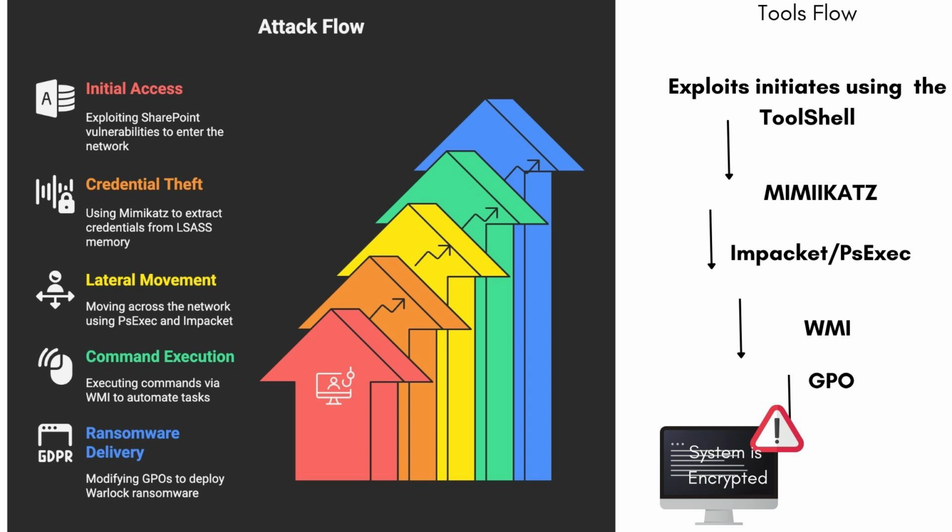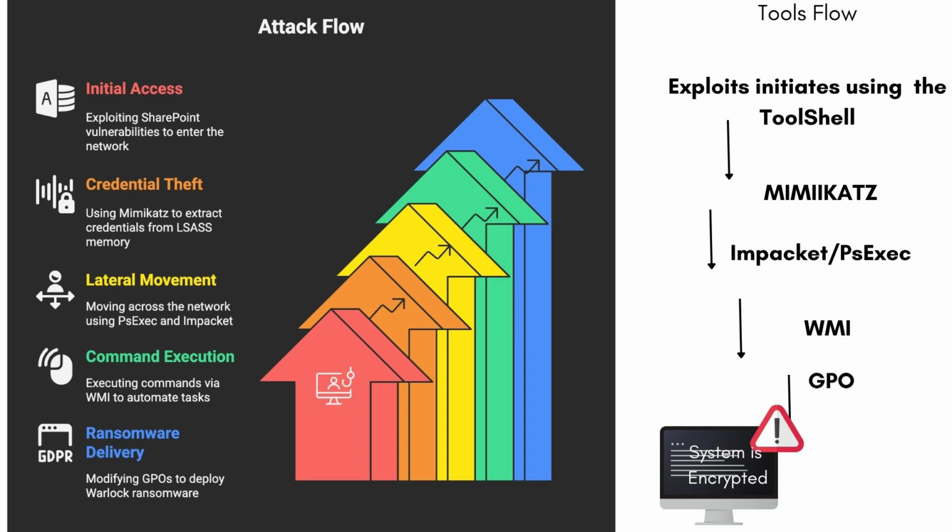So, how does this sophisticated post-breach attack flow actually happen and deploy the Warlock ransomware? Once the Storm group, which is 2603, gains initial access through those SharePoint vulnerabilities, their method of deploying Warlock ransomware is a sophisticated one. This involves a multi-stage process that leverages common yet powerful hacking tools.